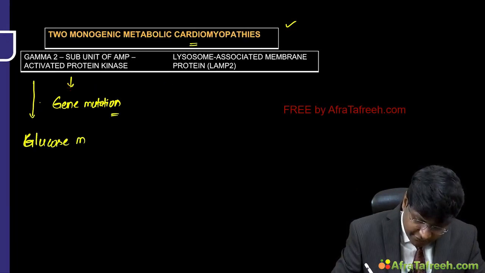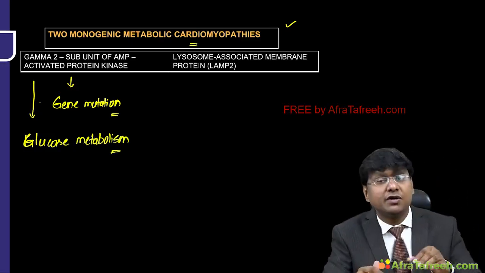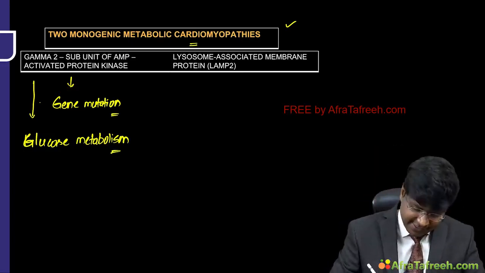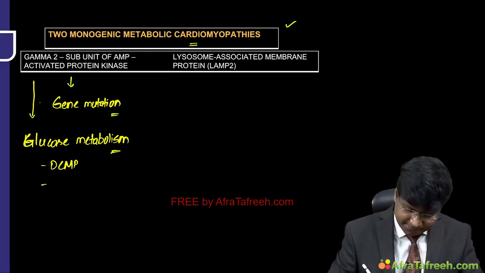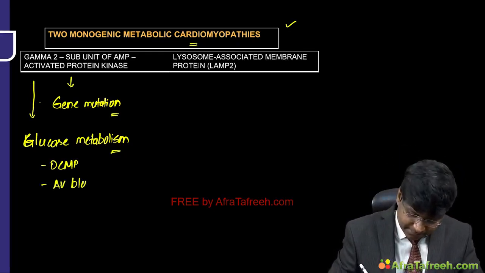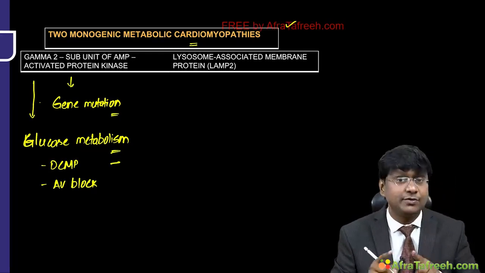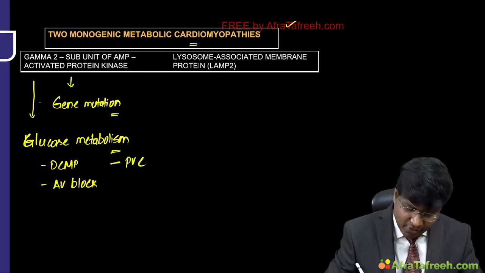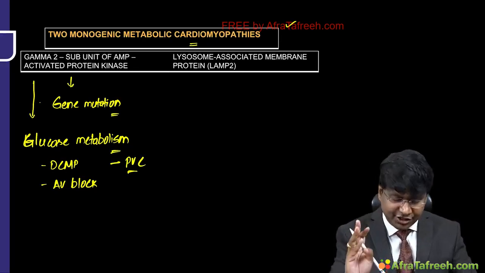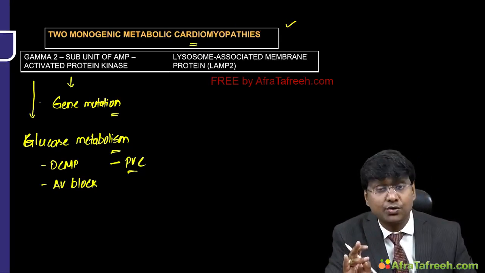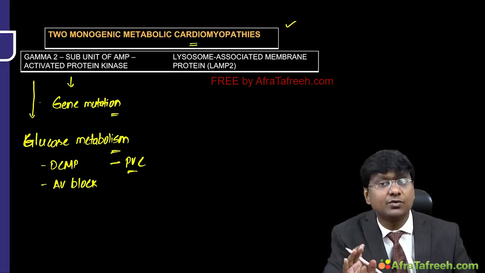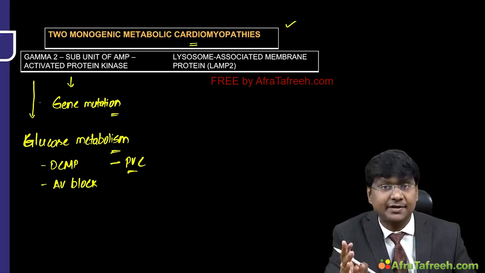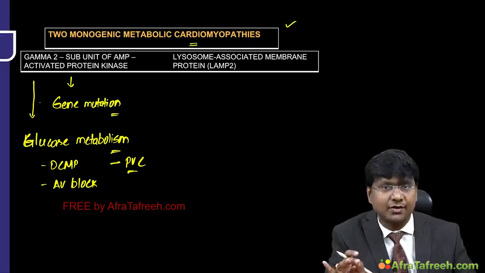Because of this defect, the individual can have dilated cardiomyopathy, can develop AV block, and will also develop premature ventricular contractions. So, this gamma 2 regulatory subunit of adenosine monophosphate, which is required for glucose metabolism, can cause dilated cardiomyopathy, AV block and premature ventricular contraction.